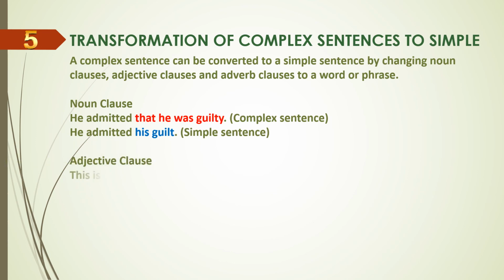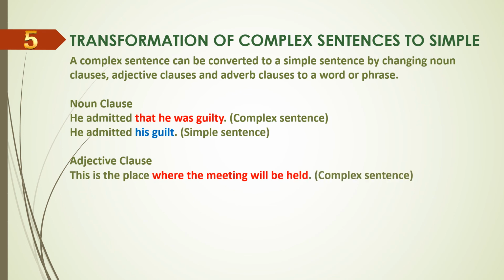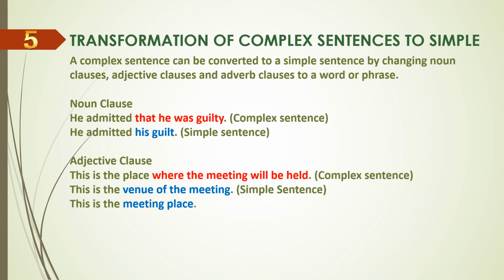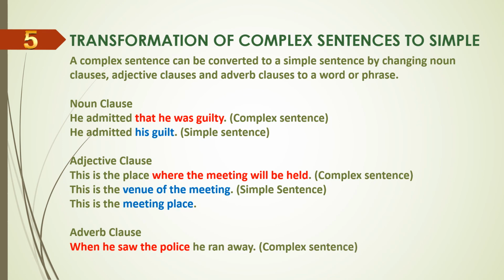Then an adjective clause, a describing clause. "This is the place where the meeting will be held." So where the meeting will be held, now in a simple sentence: "This is the venue of the meeting." Or "This is the meeting place." An adverb clause: "When he saw the police, he ran away."